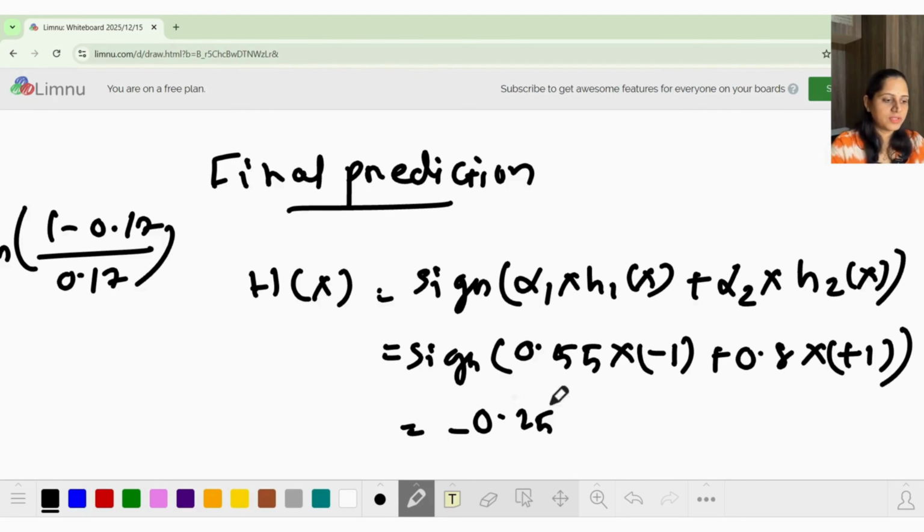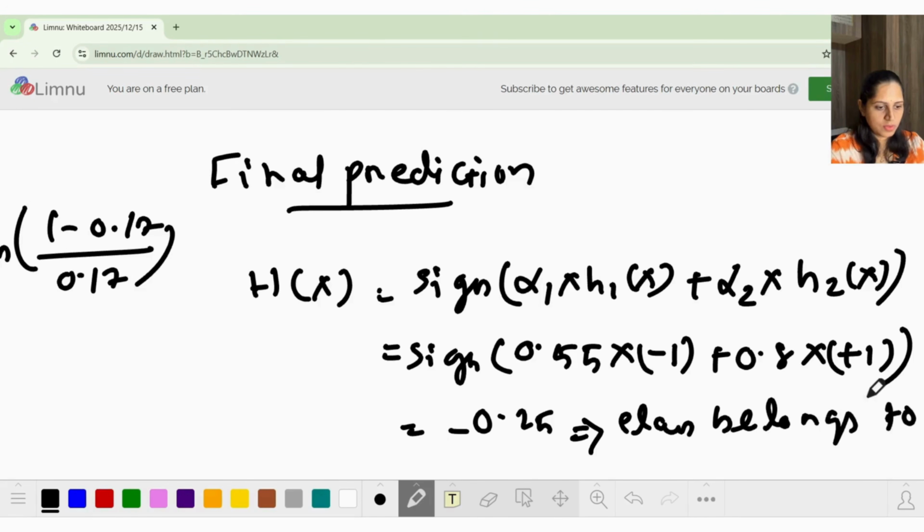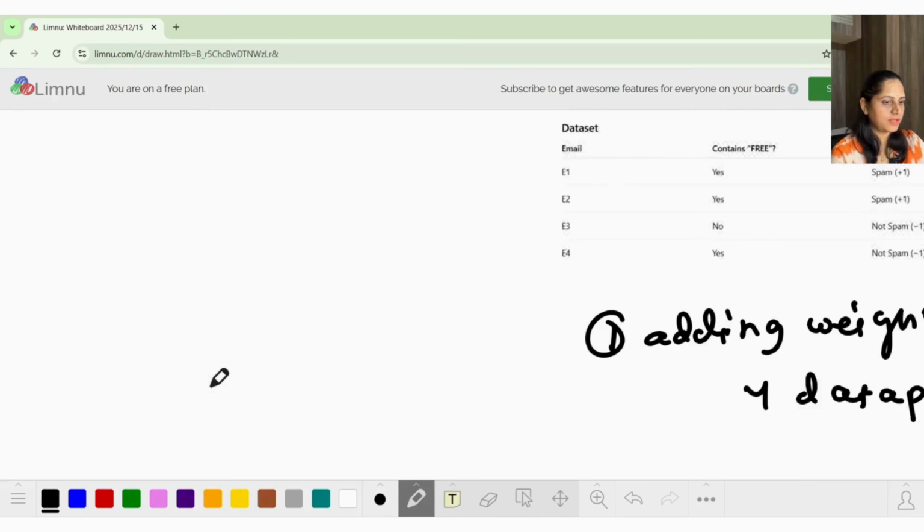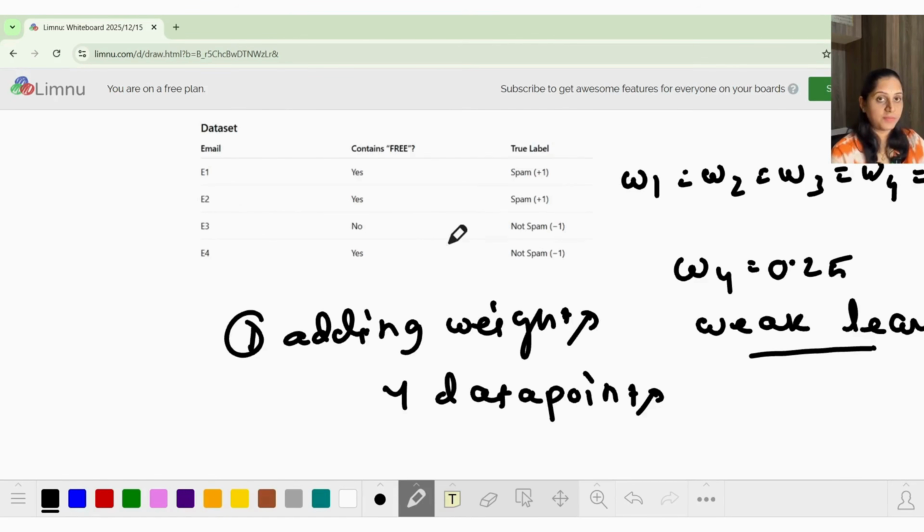So when we use sign of, we infer that this class belongs to -1, because my sign is minus. That is our final inference: it is a not spam class. If we go to the side where we have our data set and observe carefully, that means my email does not contain the word free.